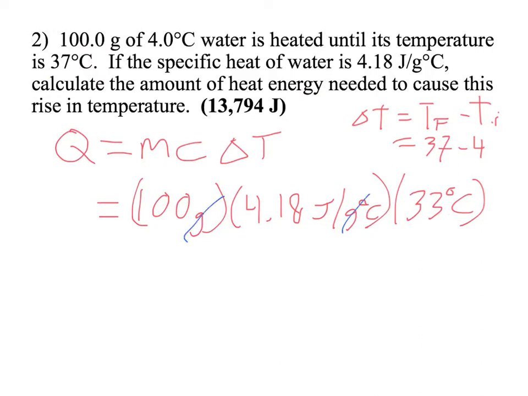Grams and grams cancel, degrees Celsius and degrees Celsius cancel. It leaves us with joules. And the answer is 13,794 joules.